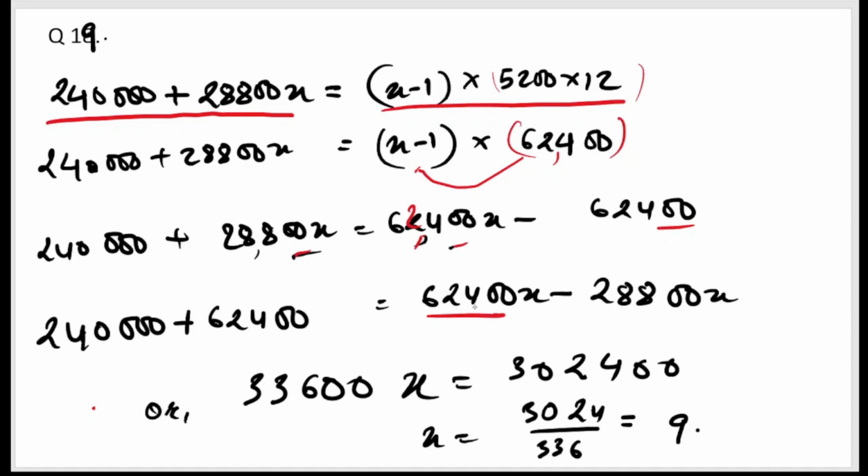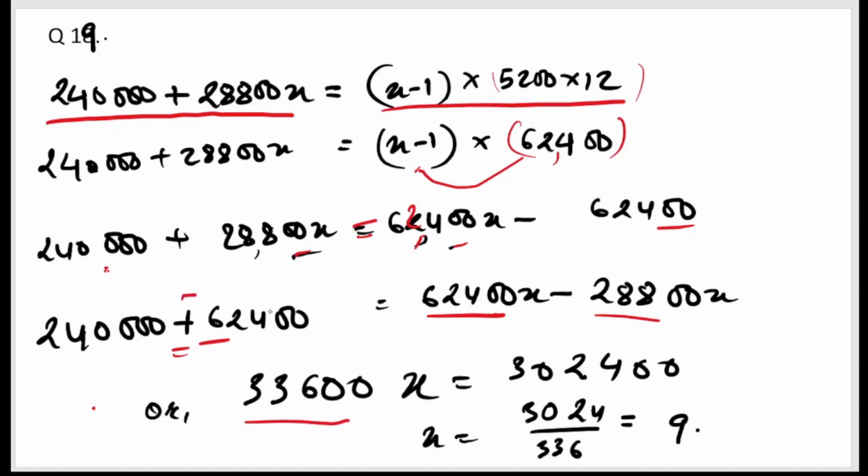So यसमा यो प्लस 28,800x, इक्वेसन को यो इक्वल्स टू को अर्कोपट्टि आउँदाखेरि that will become minus, and यो minus 62,400 यतापट्टि जाँदाखेरि it will be plus.